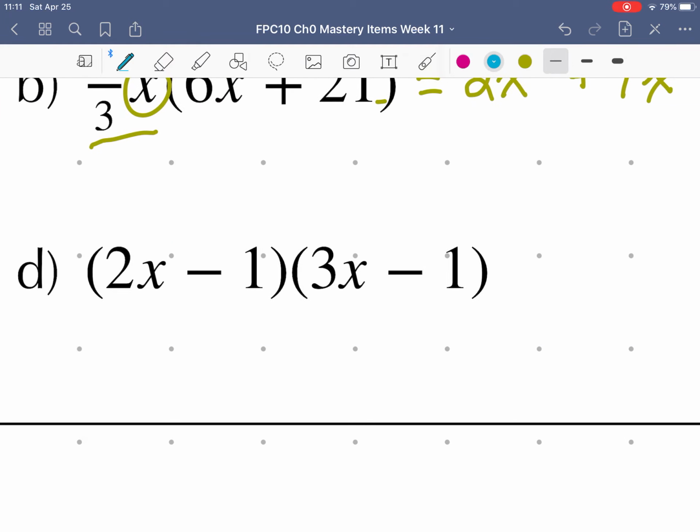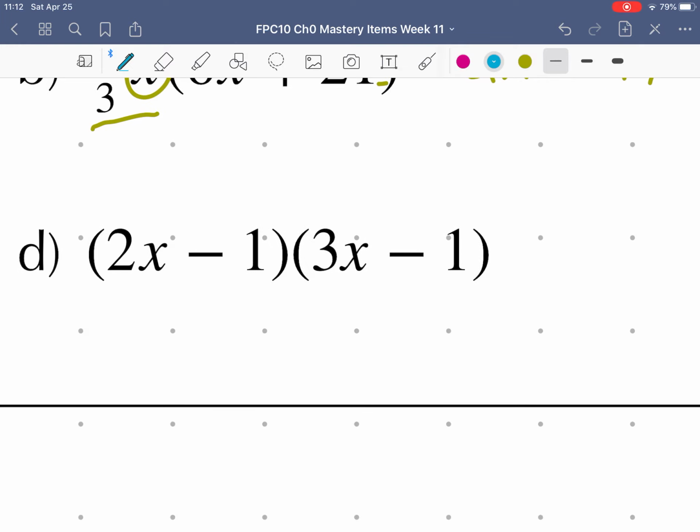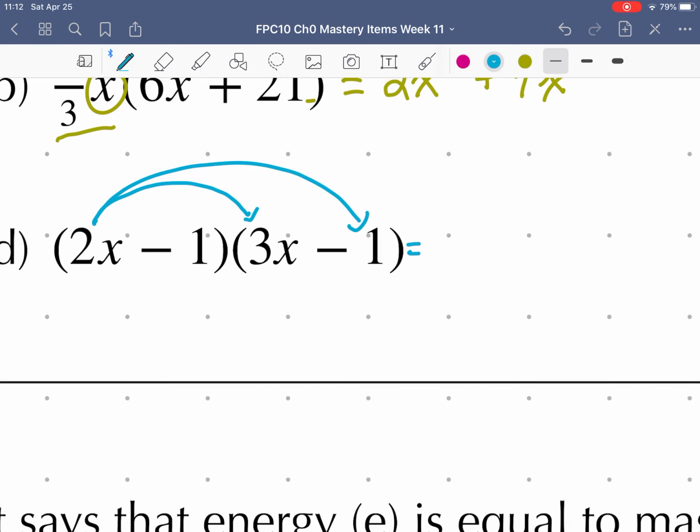All right, let's take a look at letter D. Same thing. Binomial times a binomial. So we start with our 2x and we multiply it out to every term. So 2x times 3x is 6x squared. Then 2x times minus 1 is minus 2x. Then we take our minus 1 and we multiply it by 3x. Then we take our minus 1 and we multiply it to the minus 1.